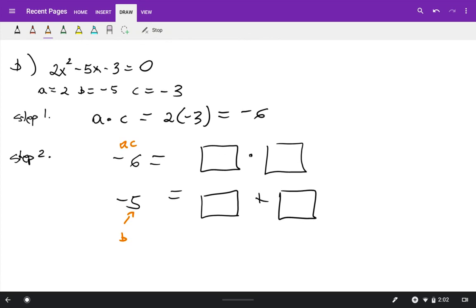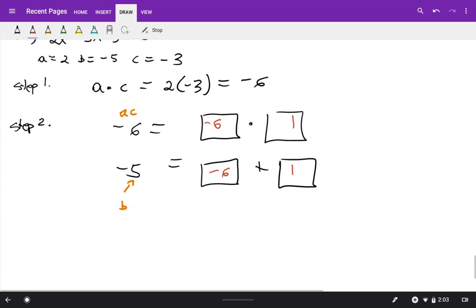So let's see what's going to work. 6 and negative 1 will work. 6 times negative 1, it's negative 6. I'm sorry, not 6, negative 1. Negative 6 and positive 1 will work. So negative 6 plus 1 will give us negative 5. So now I'm ready to move to step 3.